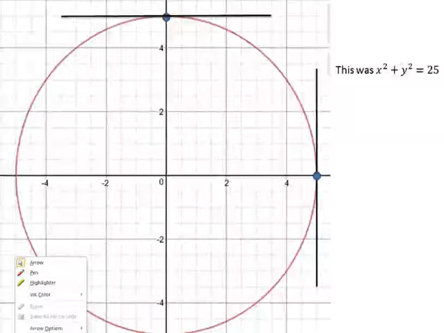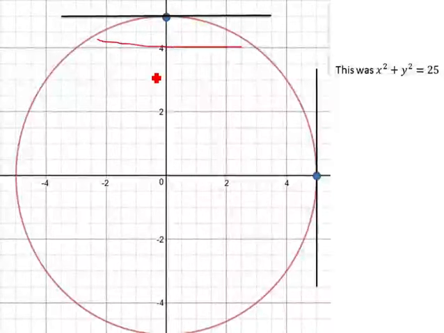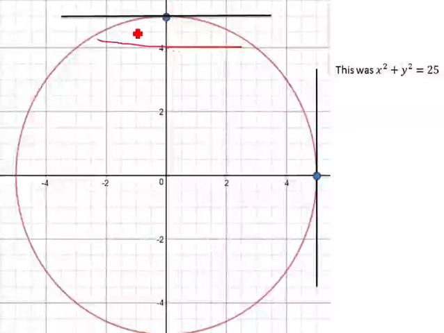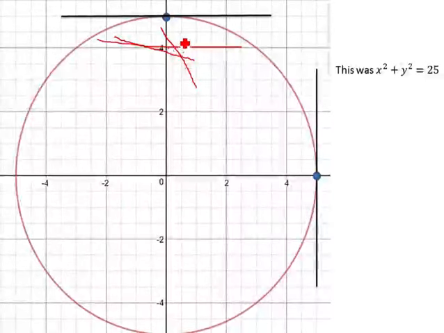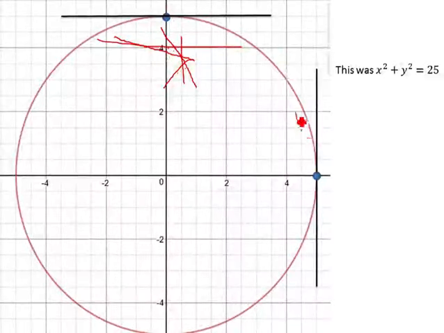So it was like that, and then you move along to about here, and it becomes a bit like that, and then you move along to about here, and it becomes a bit like that, and then you move back here, like that, and so it's an infinitely small rate of change, and that's why we get this circle.